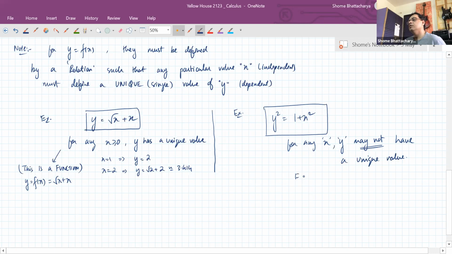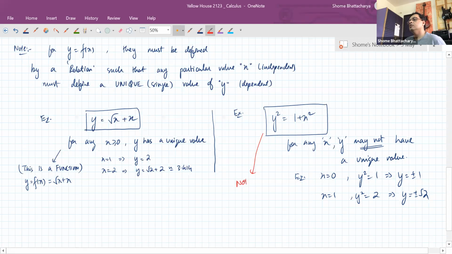So for example, for x equal to 0, y square is equal to 1, which means y is plus or minus 1. For x equal to 1, y square is equal to 2. That means y is equal to plus or minus root 2. So such a relation is not a function.